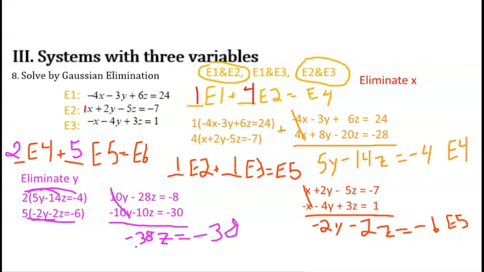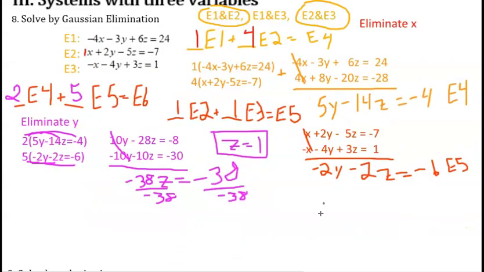Divide each term by negative 38, and so z equals 1. From there we'll substitute the z back into either E4 or E5. I'll put it in E5.